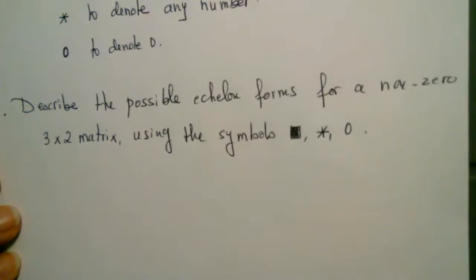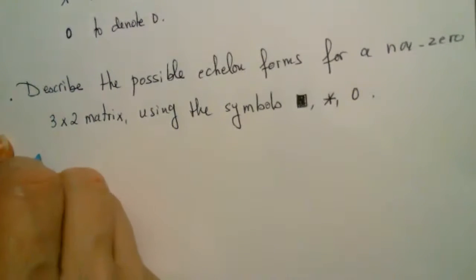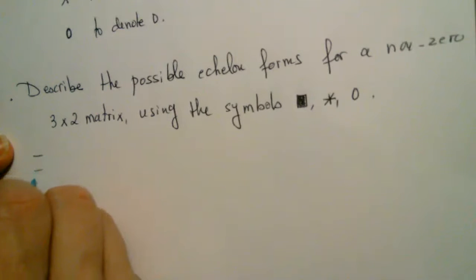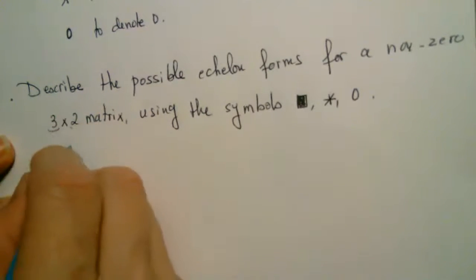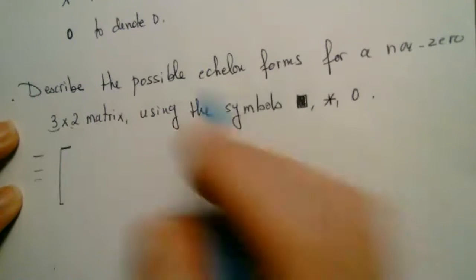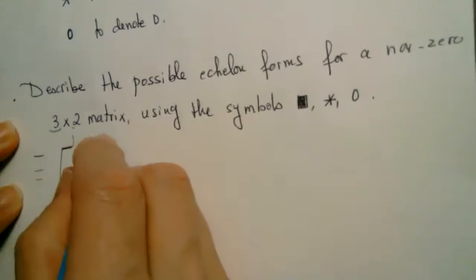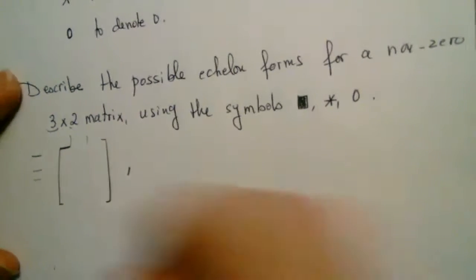So all the possible echelon forms of 3x2. 3x2 means 3 rows and 2 columns. So I will draw 1, 2, 3 rows and 2 columns, and you guys tell me what the possible forms are.